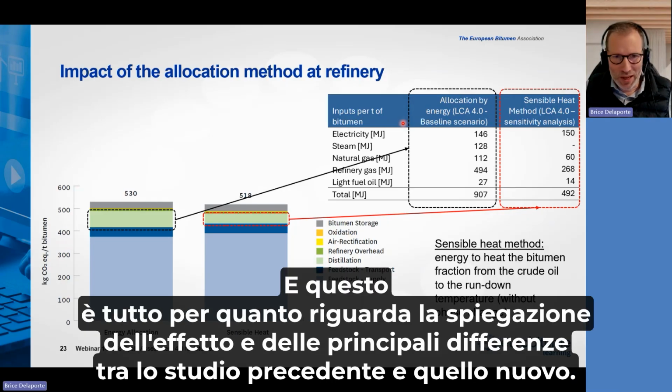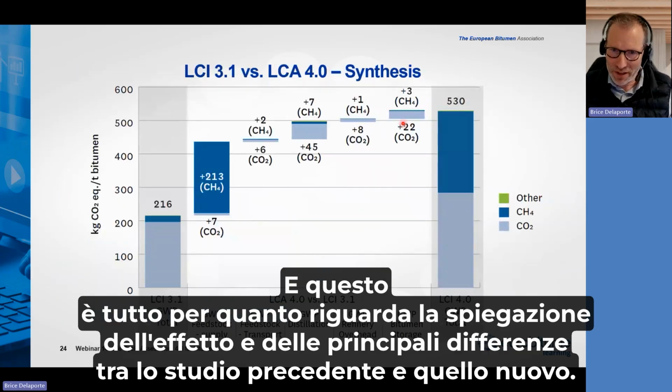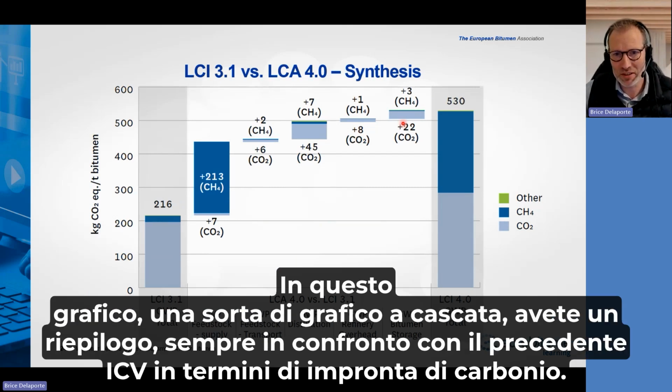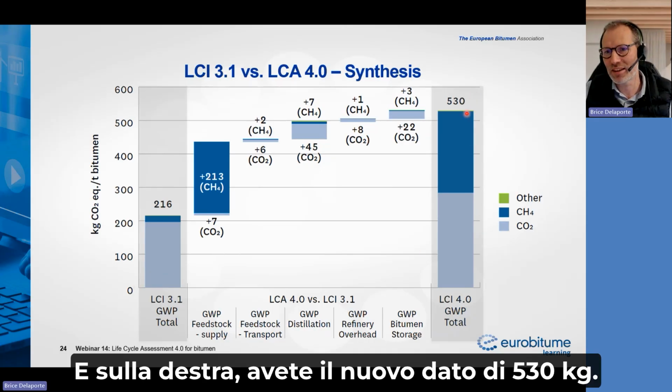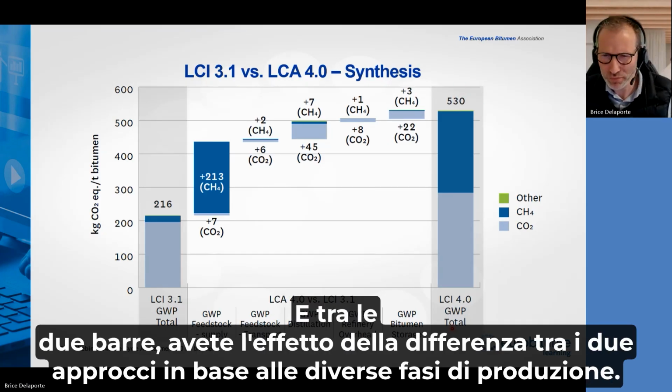And that's it for the explanation of the effect and the main differences between the previous study and the new one. And you have a synthesis on this chart, a kind of waterfall between, once again, the previous LCI in terms of carbon footprint. So on the left, this bar on the left, 216 kilograms, and on the right-hand side, you have the new number, 530.